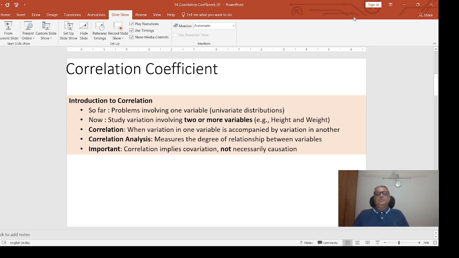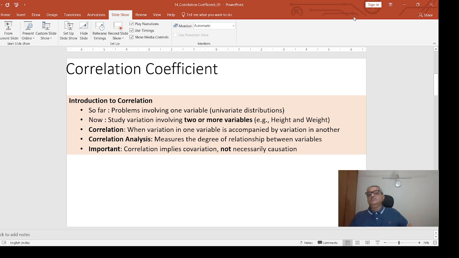So what's correlation? Correlation is when there is a variation in one variable, how is the variation on the other variable? That is what we are going to see. If values in one variable increase, what happens to the values in another variable?